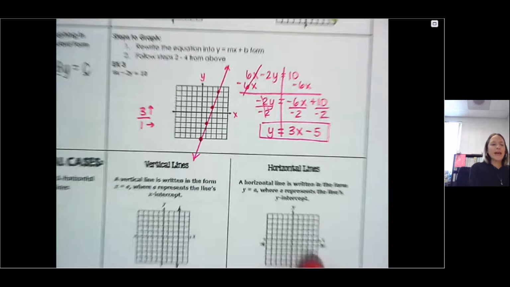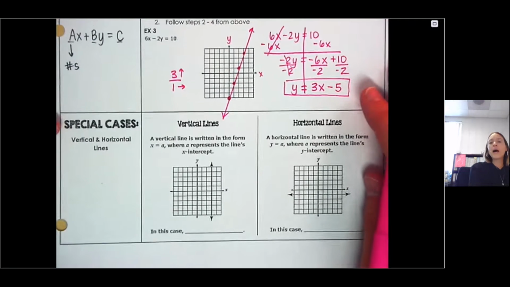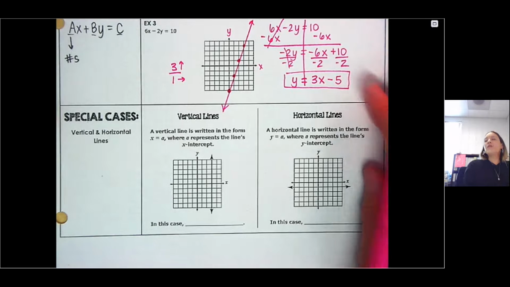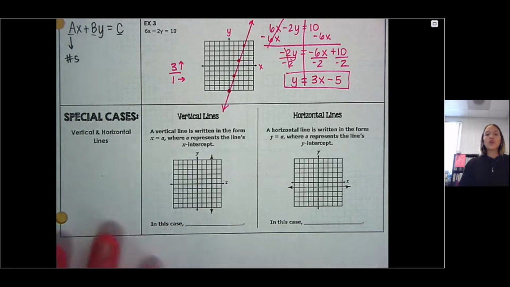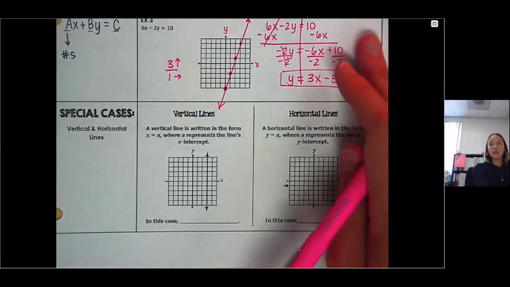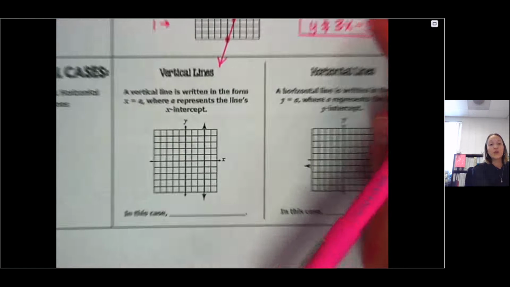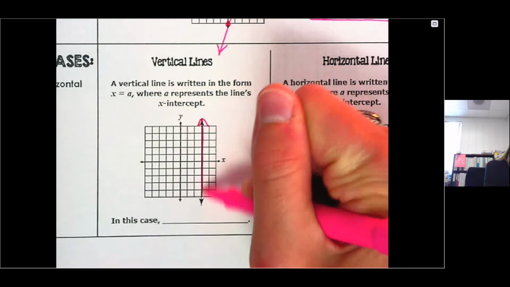Now, the bottom two, again, we've definitely talked about before, but I just wanted to remind us of the two very special cases that are vertical and horizontal lines. So a vertical line is written in the form x equals a. So it represents wherever it crosses the x-axis. So here's my arrow right here. Here's my line.